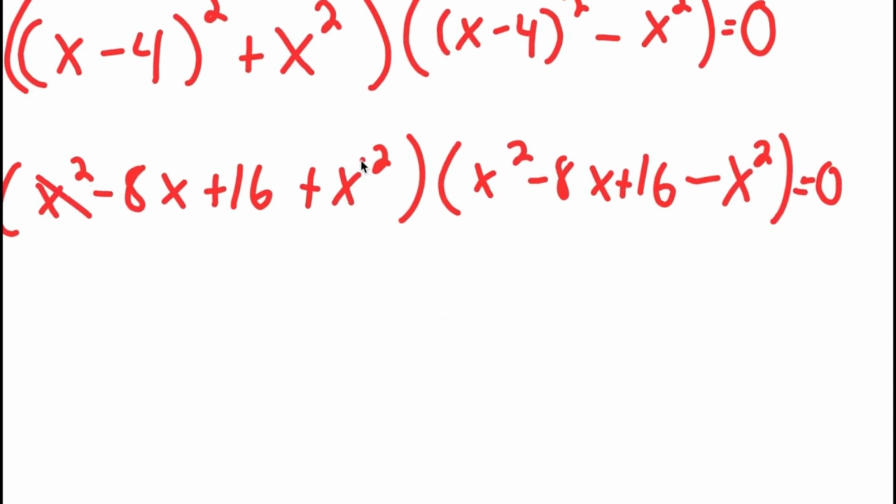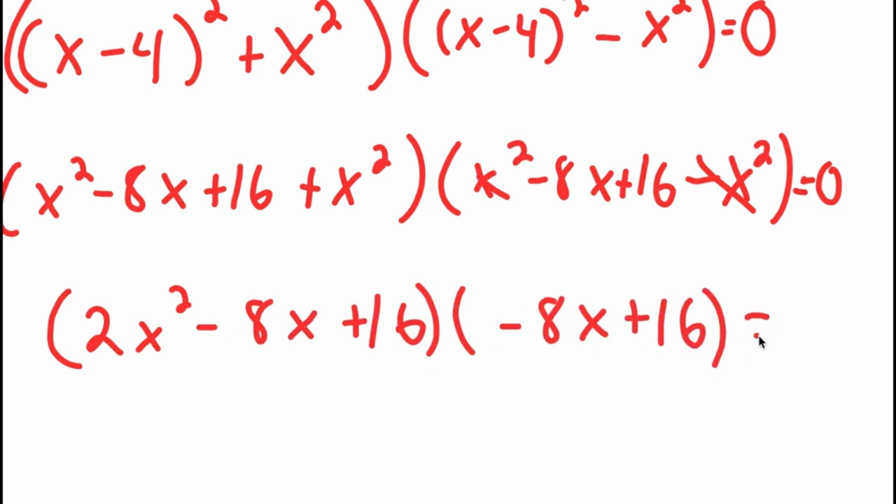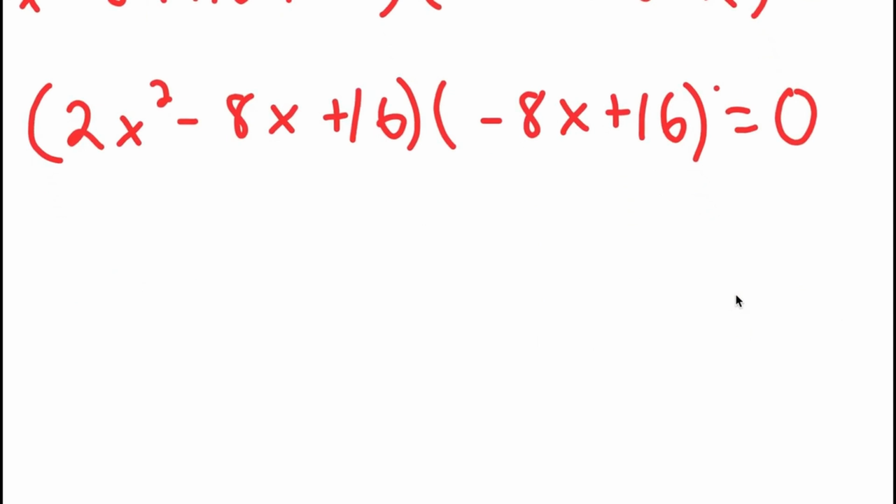And now these two cancel out, these two cancel out, and these two add. x^2 plus x^2 is 2x^2, so I get (2x^2 − 8x + 16) times (−8x + 16) is equal to 0.